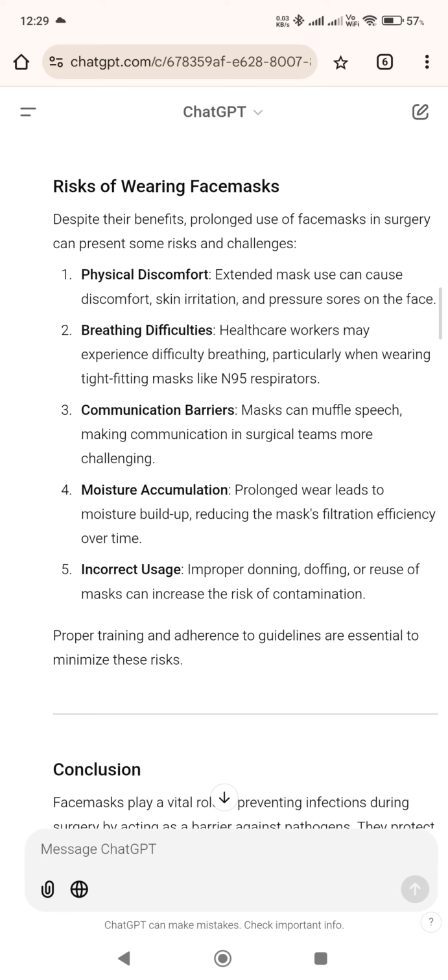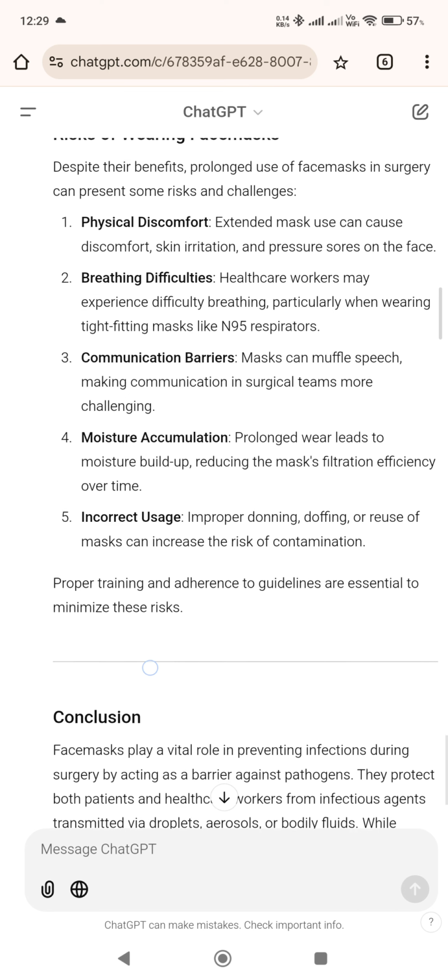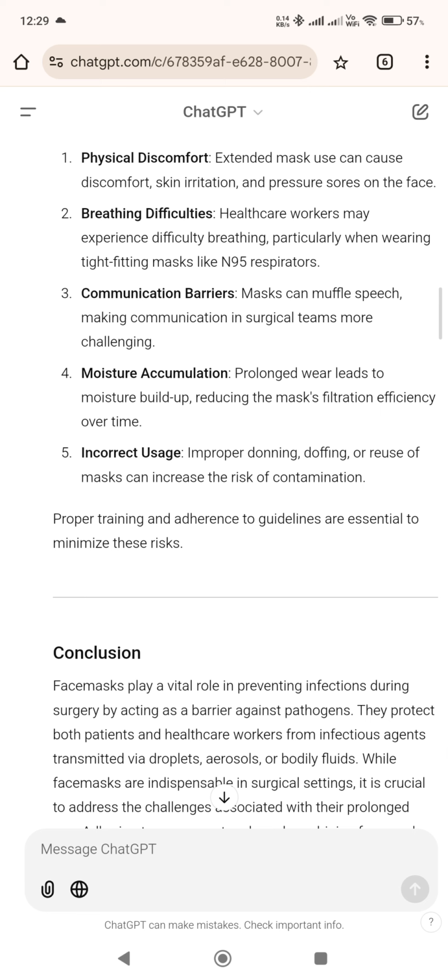Risks of wearing face masks. Despite their benefits, prolonged use of face masks in surgery can present some risks and challenges. 1. Physical discomfort. Extended mask use can cause discomfort, skin irritation, and pressure sores on the face. 2. Breathing difficulties. Healthcare workers may experience difficulty breathing, particularly when wearing tight-fitting masks like N95 respirators. 3.